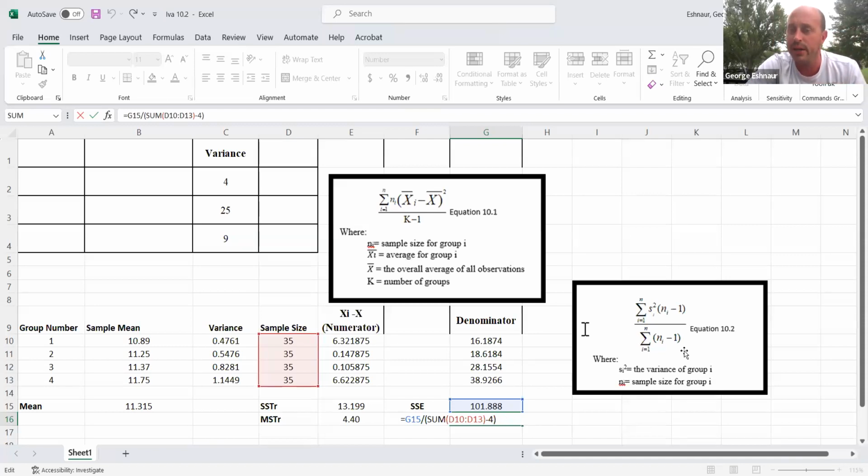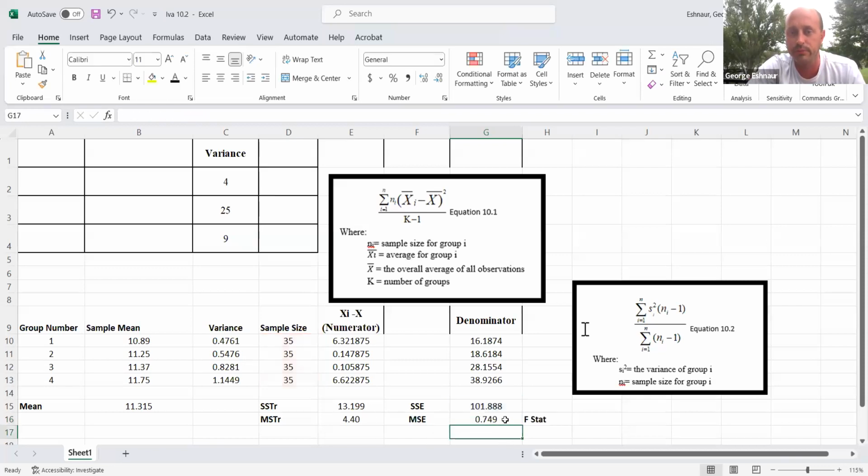Okay, that gives us the denominator of the denominator. And now we go back, Jacob, and you're right: we take this one divided by the sum of those. And that gives us our mean square of the error. Okay. And the final step.